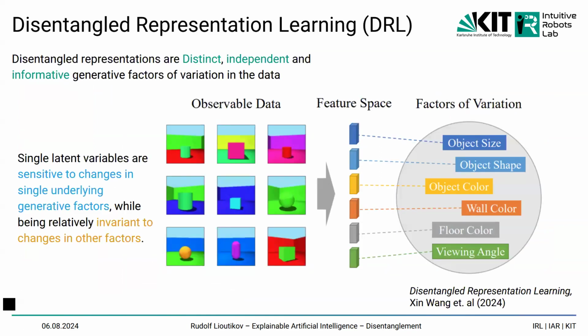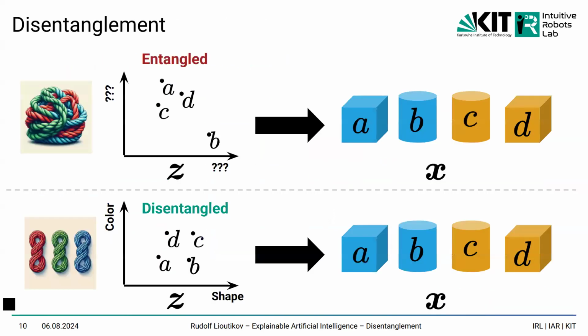So again, what are disentangled latents or disentangled representations? In this case, we will abbreviate it as DRL. It's not deep reinforcement learning, but disentangled representation learning, right? Disentangled representations are distinct, independent, and informative generative factors of variation in the data, meaning axes in a latent space.